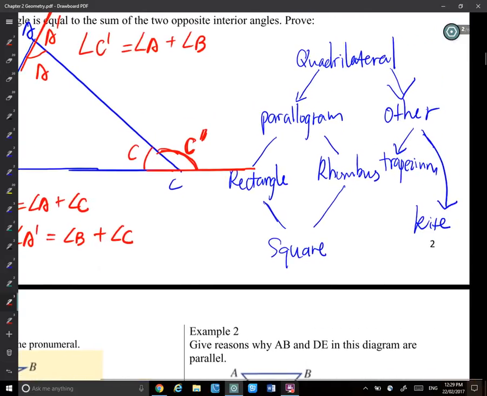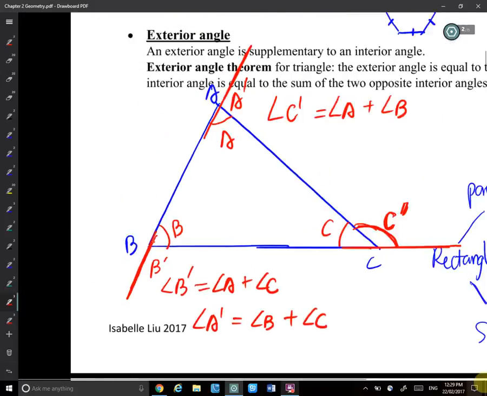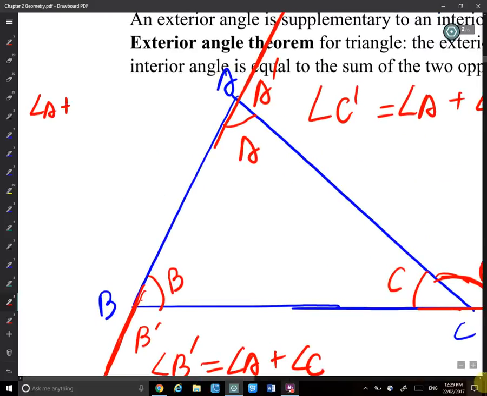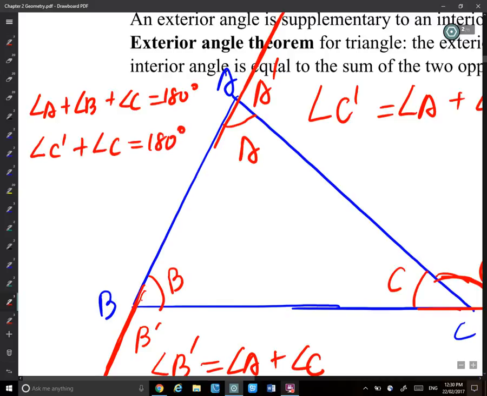How can we prove this? That's pretty easy to prove. Because it's a triangle, the inner sum equals 180 degrees. Angle C dash plus angle C equals 180 degrees.